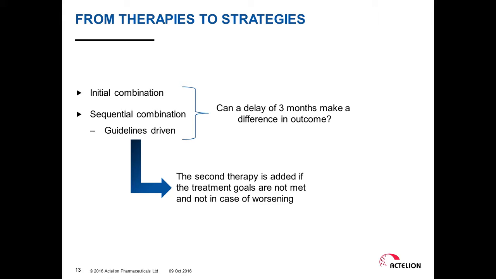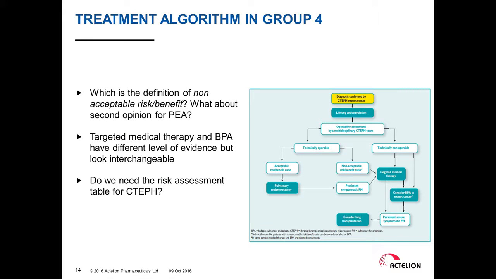And I think, if we talk about therapies and strategies, this is also maybe applicable to another form of PH, that is CTEPH. When we talk about non-acceptable risk-benefit, what about a second opinion? Do we need to just go with one opinion from a surgeon? This could be a question mark.